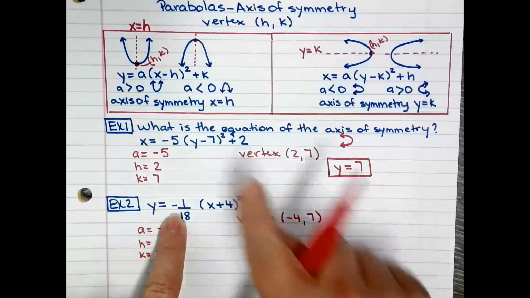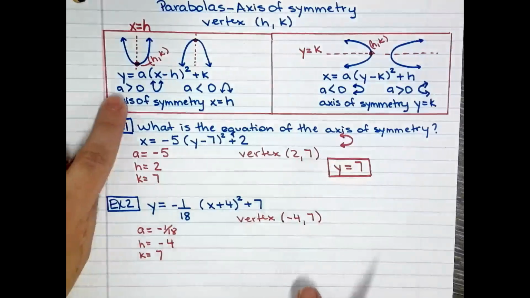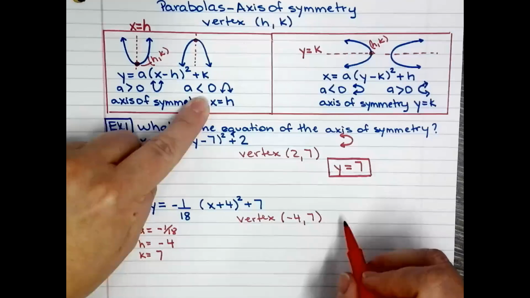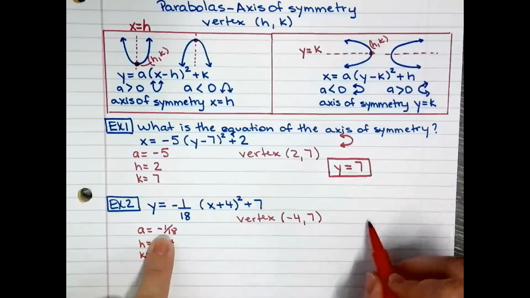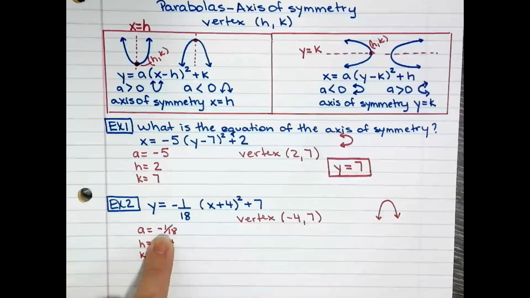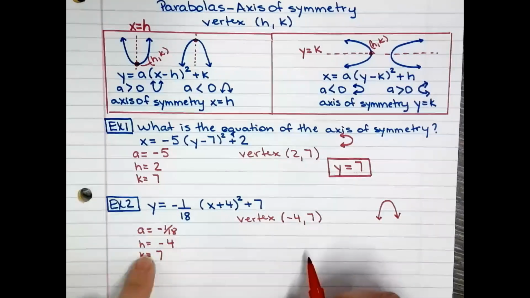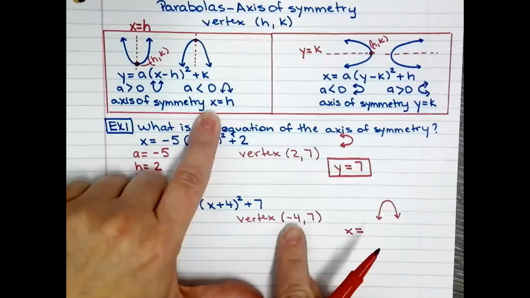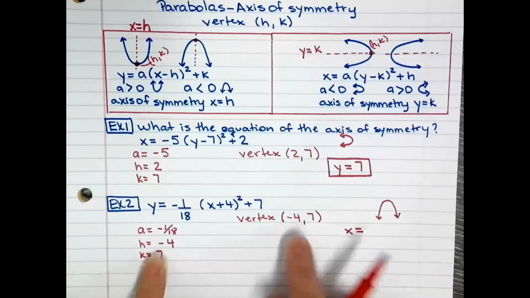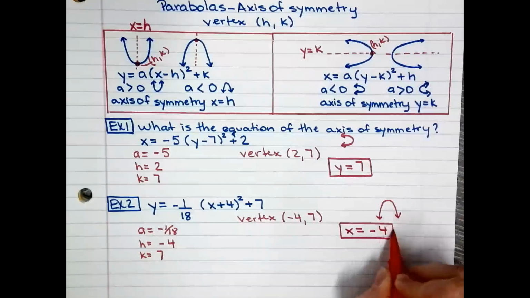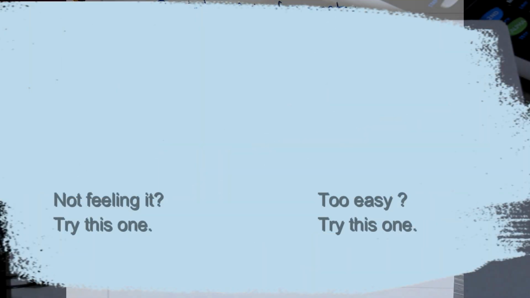I know it's up and down, and I also know a is negative, so a is less than 0. When a is less than 0, the parabola opens down, like this. So the axis of symmetry is x equals h. h is negative 4. That's all for now.